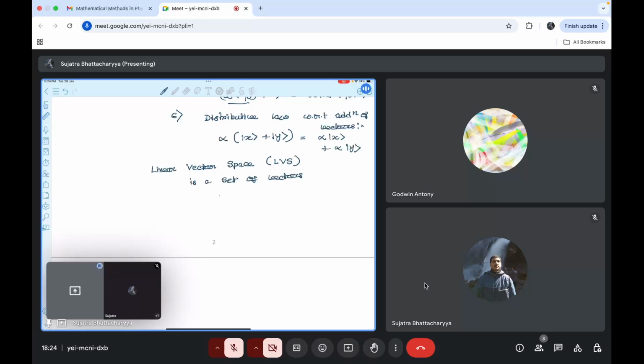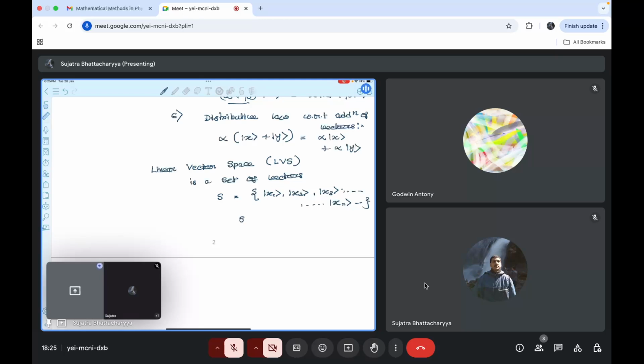Now I can write this as S, say x1, x2, so many different vectors which will be there in that space, and say suppose xn and many others. Lots of vectors will be there in this, but these vectors should satisfy certain properties.